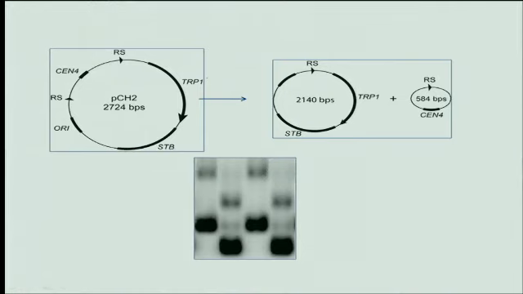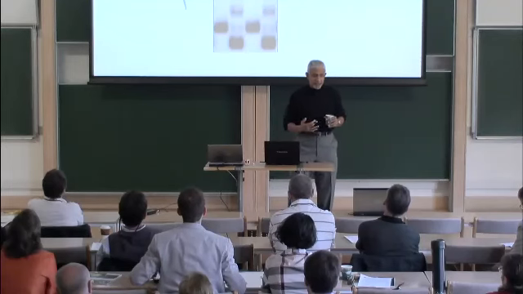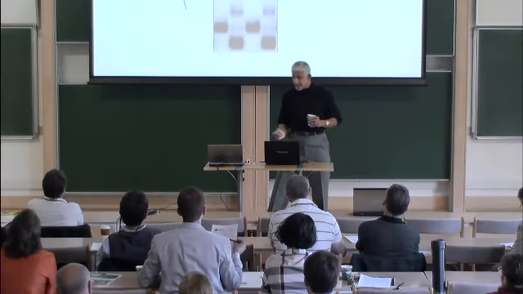So we construct a plasmid in which we have a copy of STB, and we also have a copy of a yeast centromere from chromosome 4. The idea is that you have an internal control here for the topology of CEN for reference. And then we flank the CEN sequence by 2 direct copies of a recombination site for a site-specific recombinase.